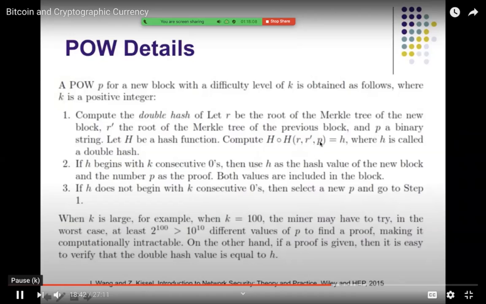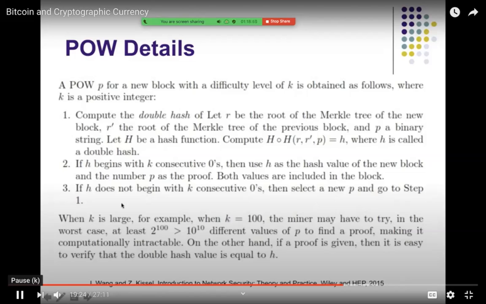Which means that you have to try values of P in order to get a hash value with K consecutive zeros in its prefix. So that becomes a proof, and both values are included in the block. If H does not begin with K consecutive zeros, then you need to select a new value of P and repeat. Go to step 1 and repeat.